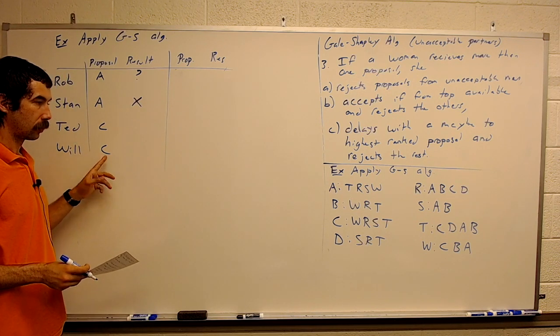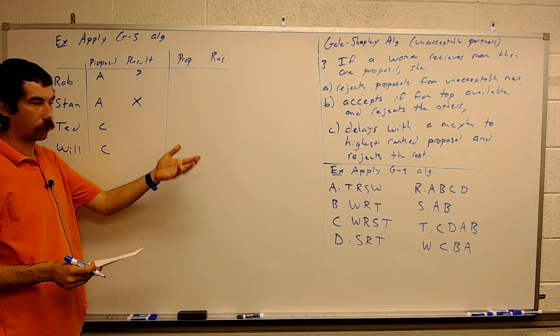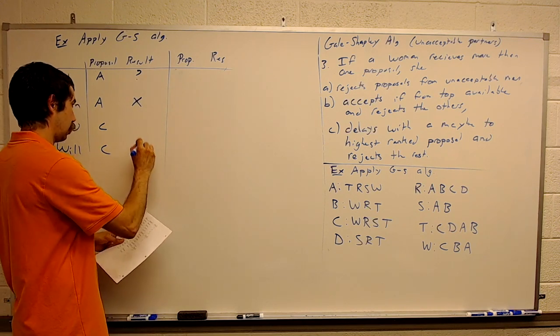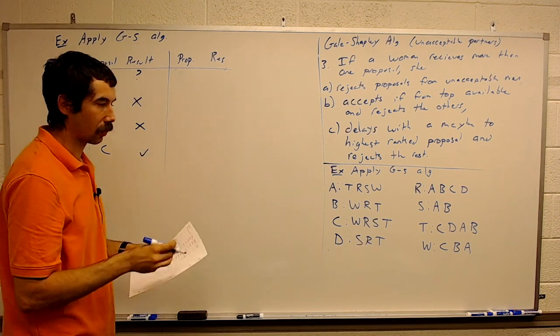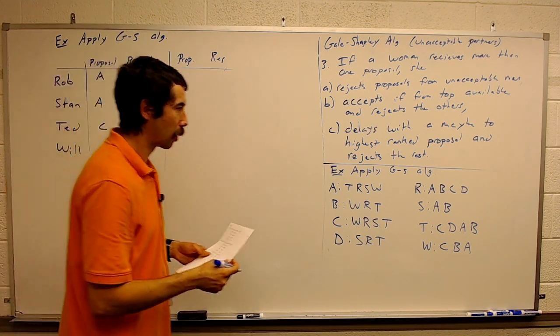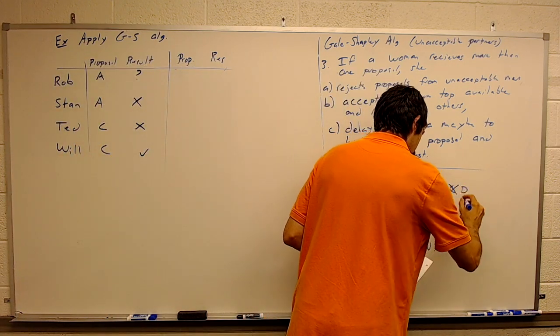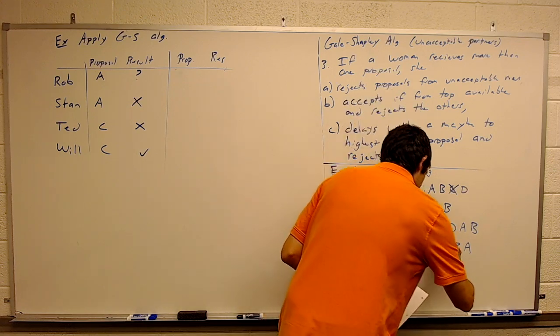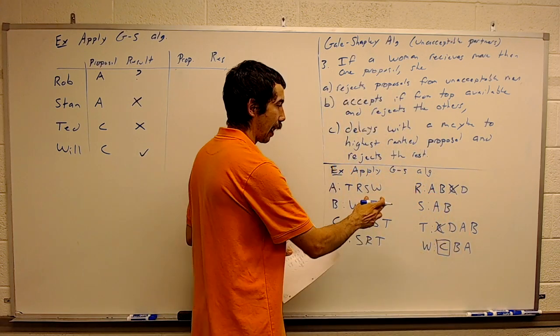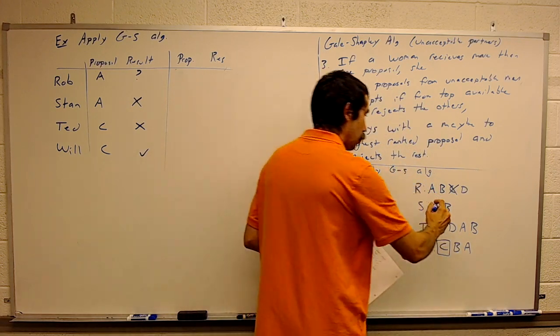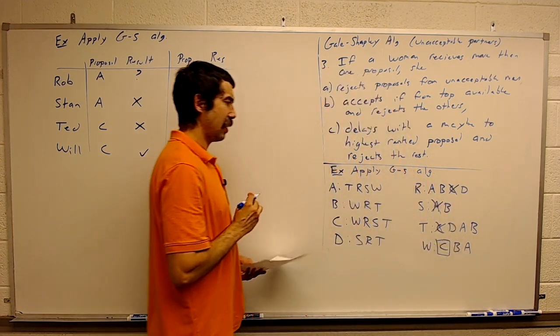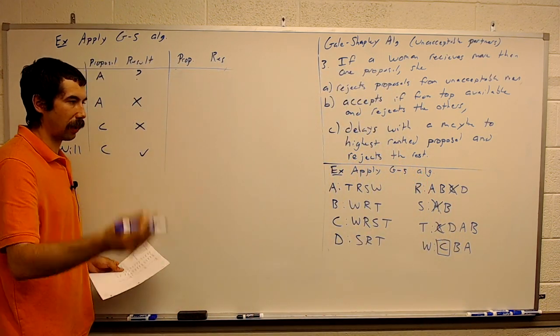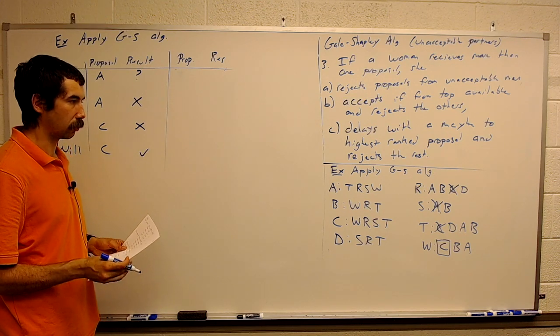Carol, again, Will is her favorite, so she'll say yes to Will and no to Ted. So let's update what we have. So Carol is now off the market. This worked. And Anne said no to Stan. So now we're ready for our next proposals.